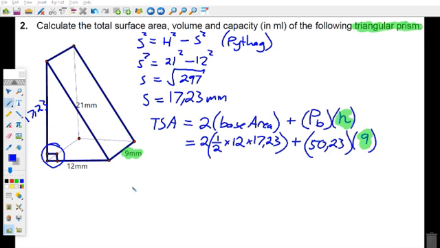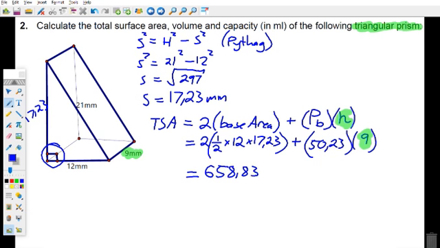Okay, so plug that into a calculator and what do we get? What did you guys get?